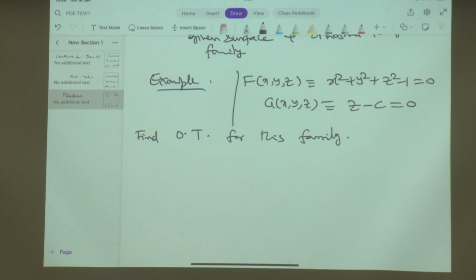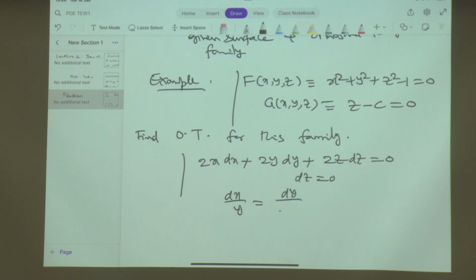So how do we do that? The first thing is we differentiate f and g. The other one is dz equal to 0. So now this will give us equations like this: dx by y is equal to dy by minus x.